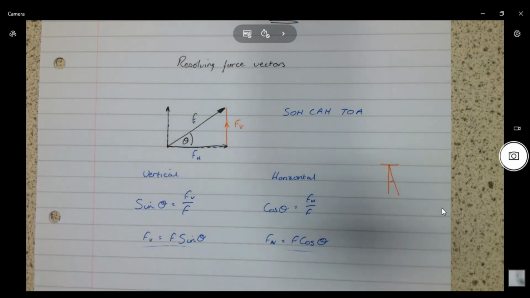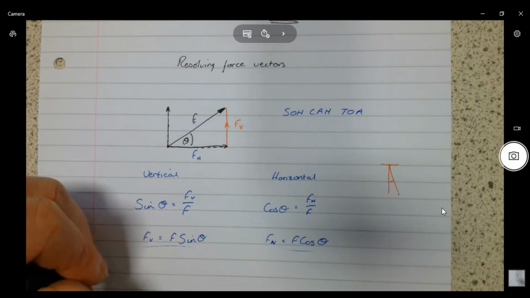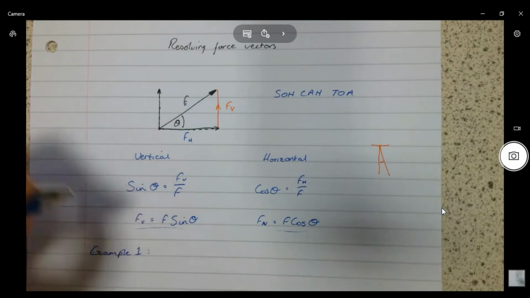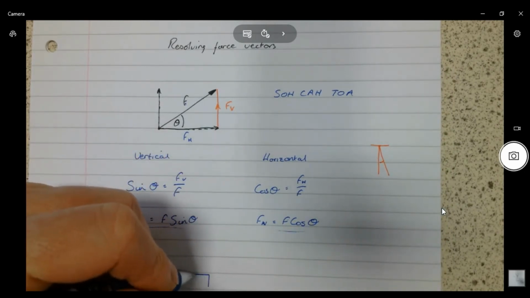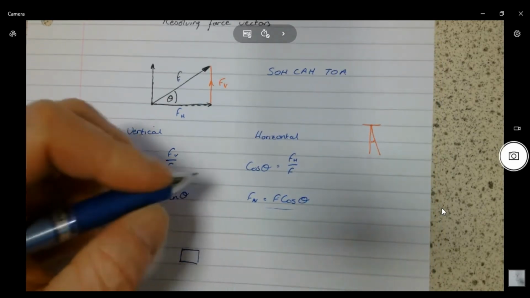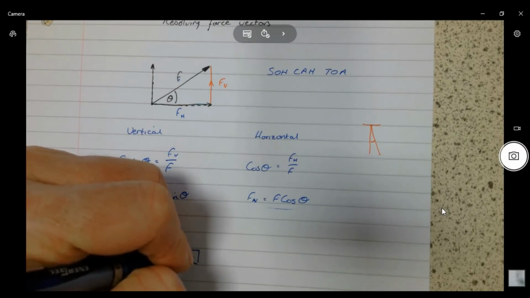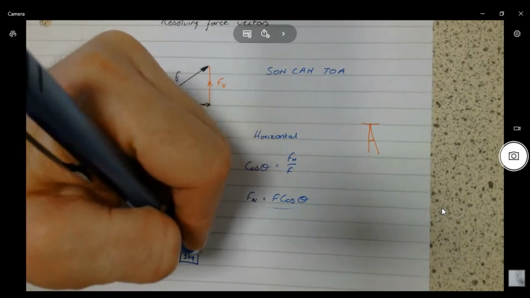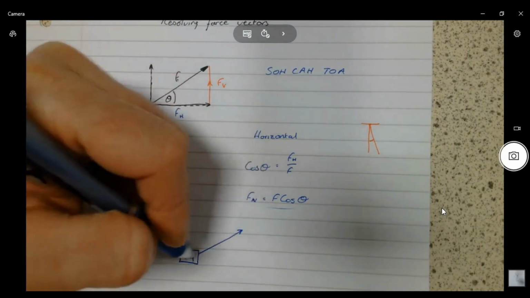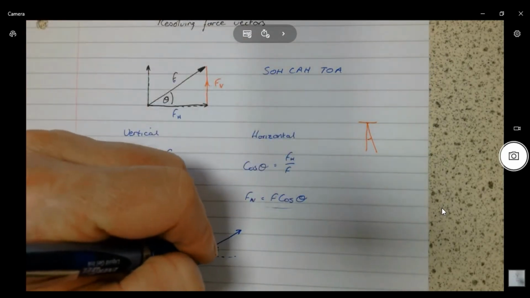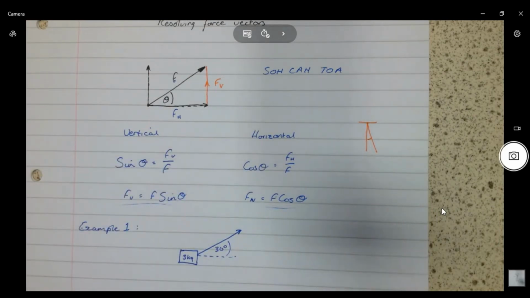Okay. So let me give you an example, or a couple of examples. So example one. We can have a 3 kilogram mass, and we're going to pull it at an angle of, what shall we say, 30 degrees to the horizontal.